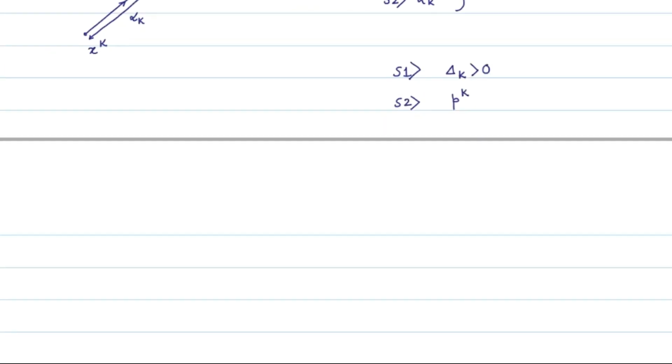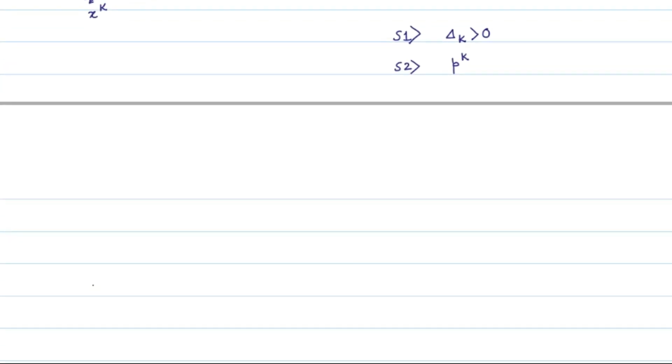We notice that at a given iterate xk, if we provide a maximum allowed step length, say delta k, then this delta k will identify a set of points which are not more than delta k distance away from the point xk.